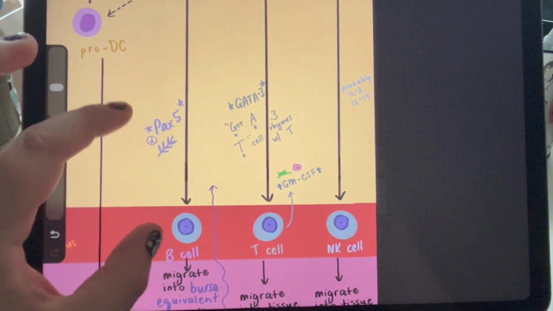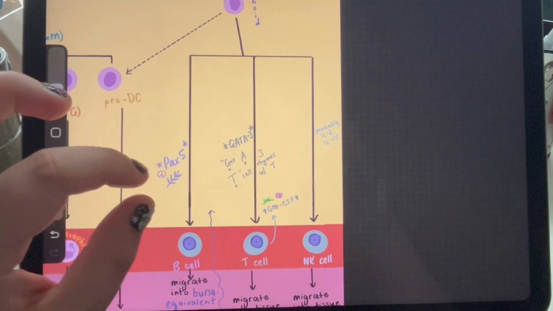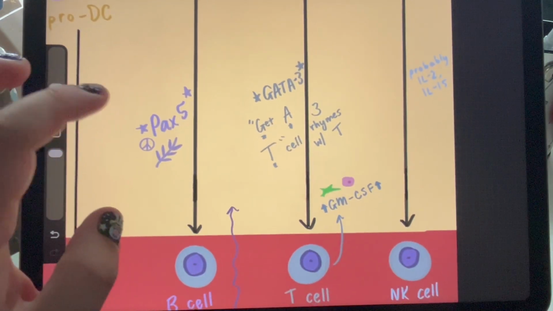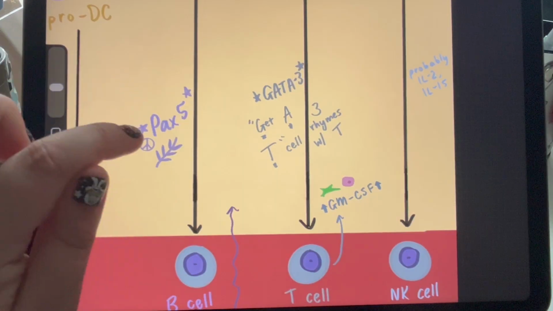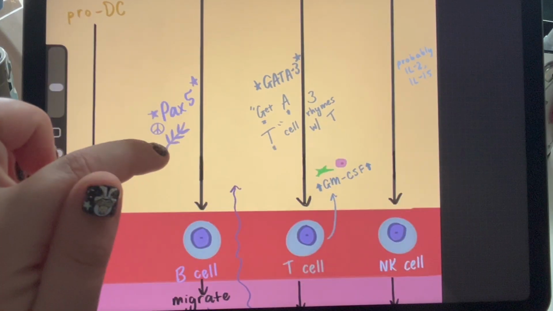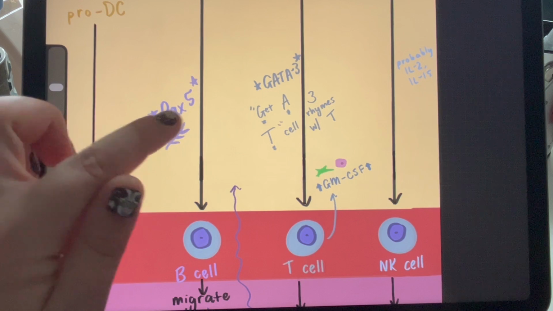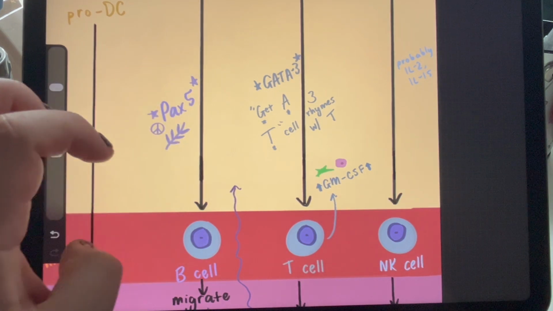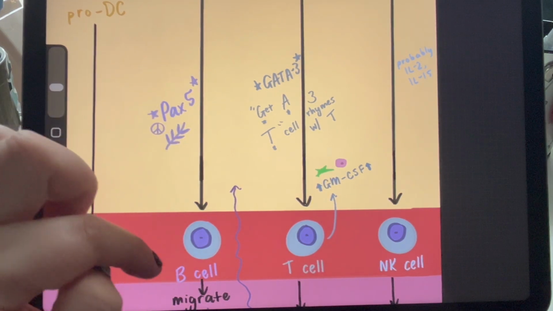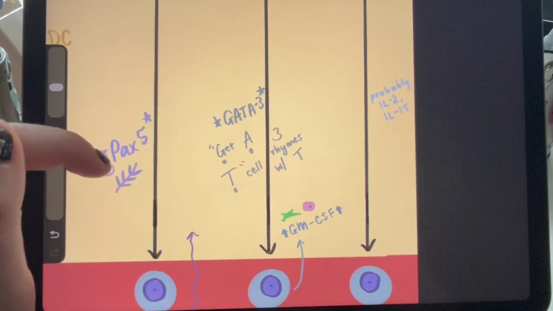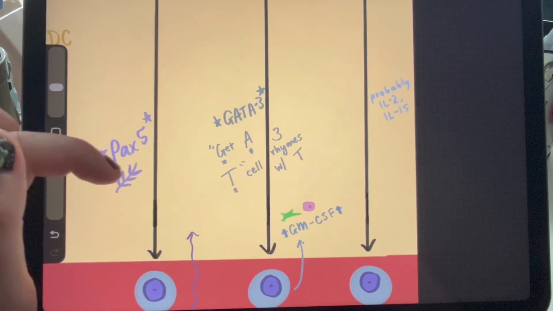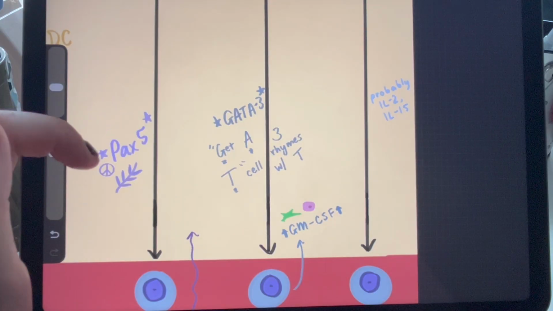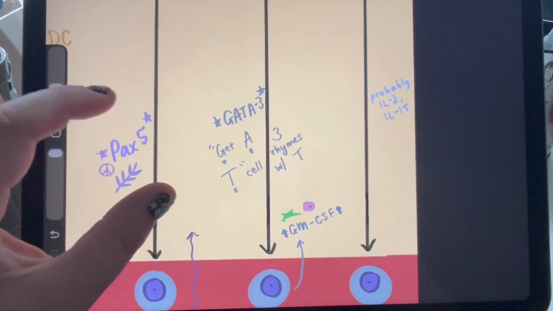For the PAX5 transcription factor, Pax in ancient Rome was peace, and the symbol for peace was an olive branch. Branch starts with B, so those go to B cells. I don't know if it's necessary to know PAX5, but peace has 5 letters in it, so we've got PAX5.